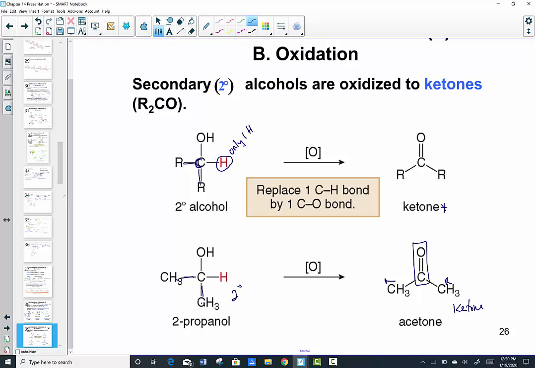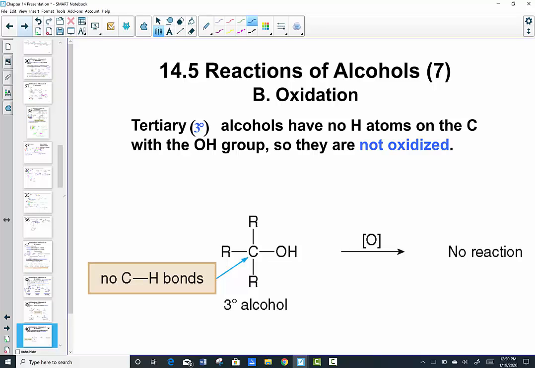Ketones. Now, what about those tertiaries? Remember that a tertiary alcohol is defined as the carbon is bonded to carbons in all directions. There are no available hydrogens, therefore no reaction. Tertiary alcohols cannot be oxidized. There are no hydrogen bonds to break.